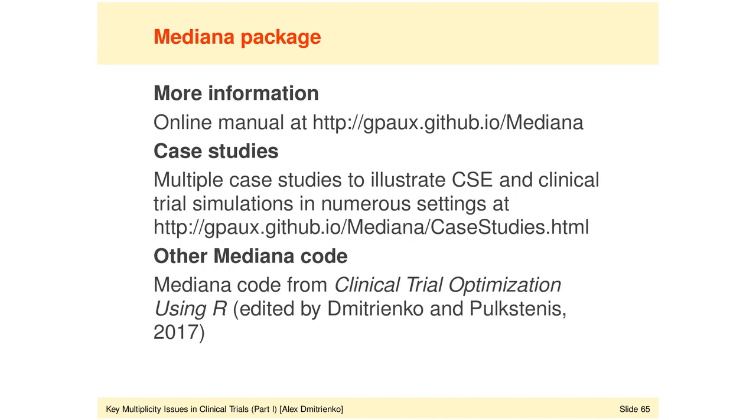And more advanced settings include clinical trials with several arms, several patient populations, and several endpoints. And you'll also find Mediana code from our book on clinical trial optimization that was published in 2017. Several examples in this book deal with clinical trials that employ multiple objectives.